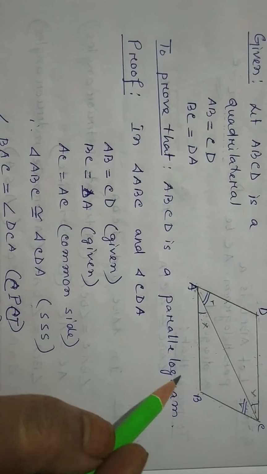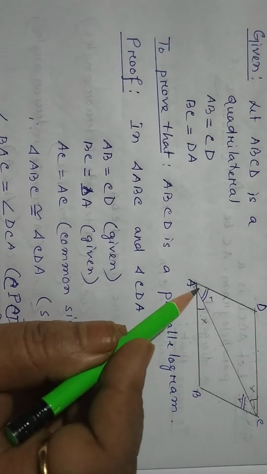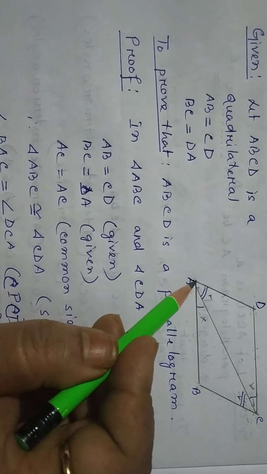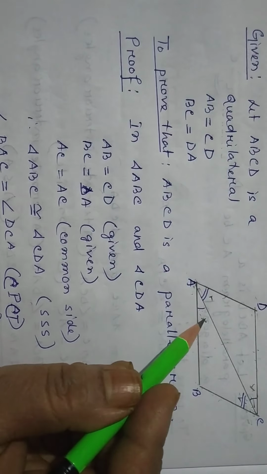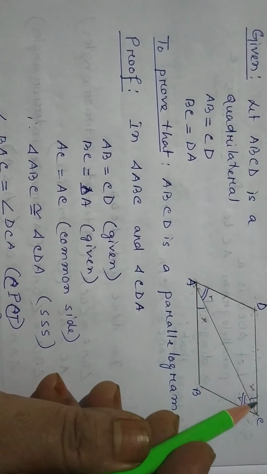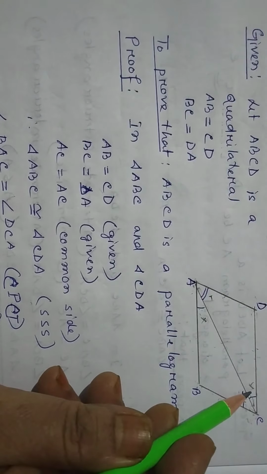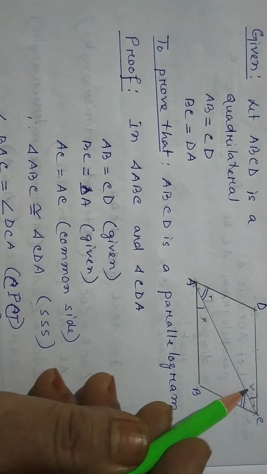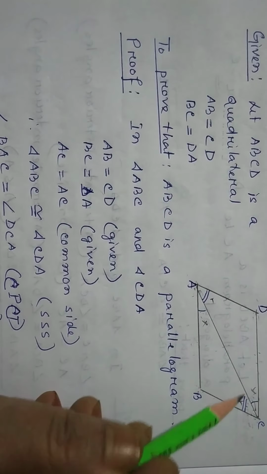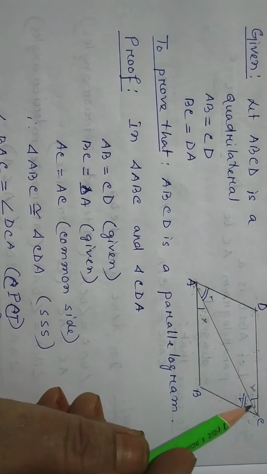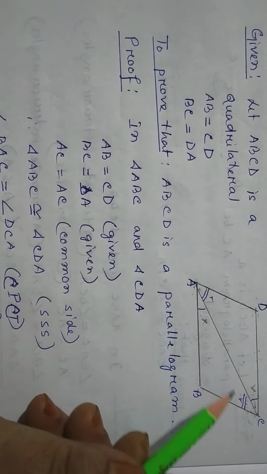Now, if these two triangles are congruent, then angle BAC equal to angle CDA by CPCT, which means corresponding parts of congruent triangles. Since these two triangles are congruent, these two angles are corresponding parts. And angle BCA equal to angle DAC, this also by CPCT.